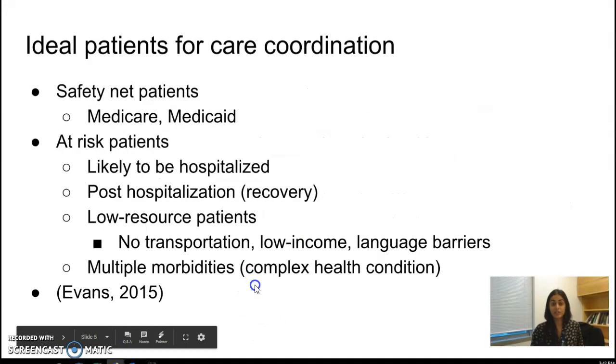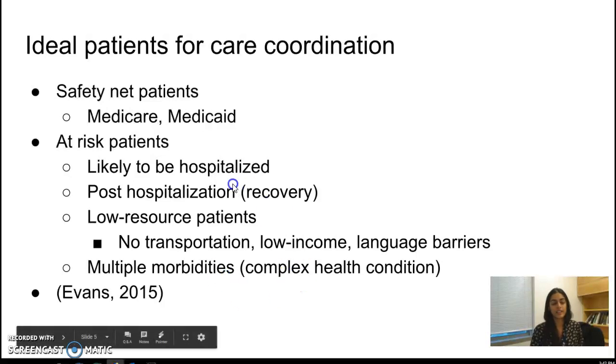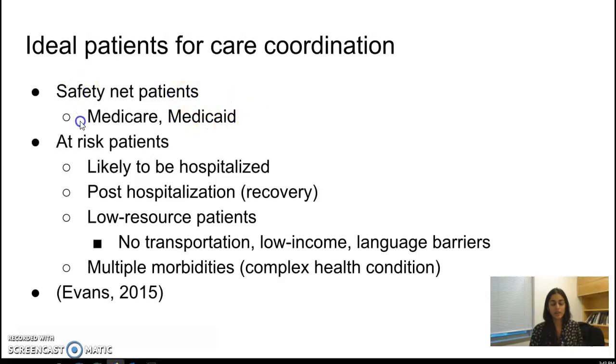So, ideal patients for care coordination. Ideally, it would be safety net patients, people on Medicare and Medicaid. Medicaid is for low resource, low income patients. Medicare is for the elderly. So these are really good candidates for care coordination, in terms of having an advocate or somebody to help out.